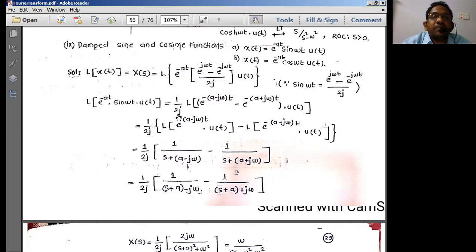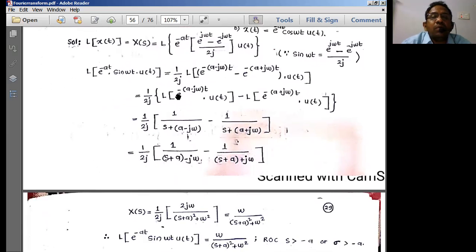After expanding this, what are you going to have now? If I take minus s common, I can write this as e power minus a minus j omega t into u of t. And here, minus of, if I take minus common, e power minus a plus j omega t into u of t. So here I have e power minus something into t.